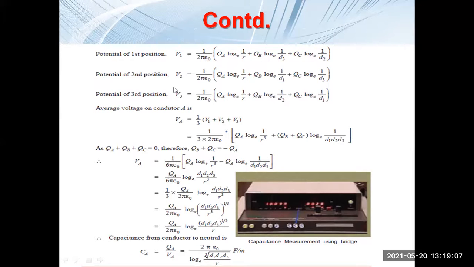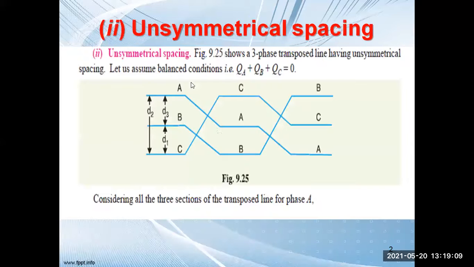Then potential of the second position V2 in the same way. Now you see that the distances get changed. We are actually calculating for the conductor A. Now distance between A and C is D3, distance between A and B is D1, and distance between B and C is D2.